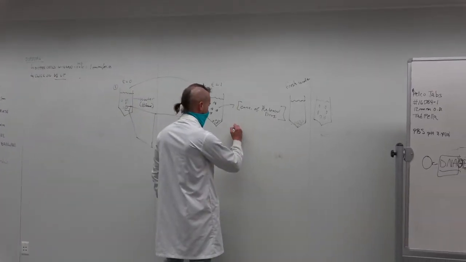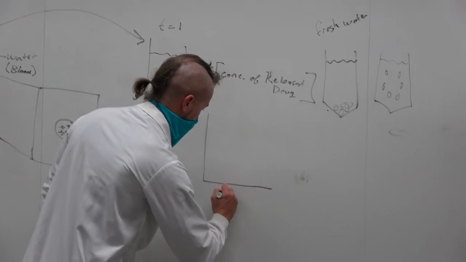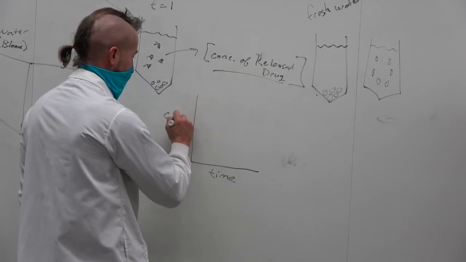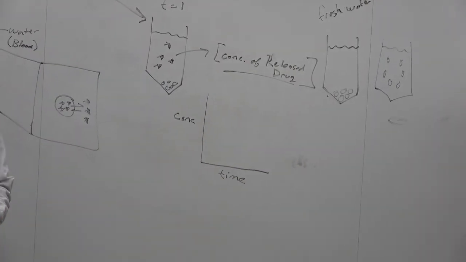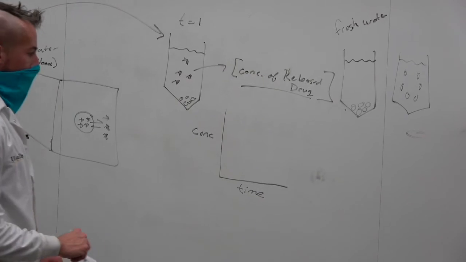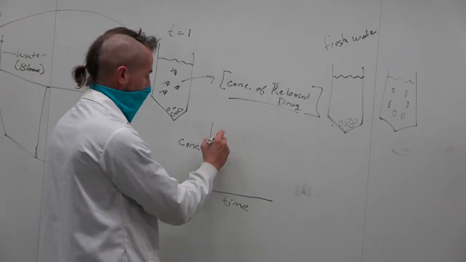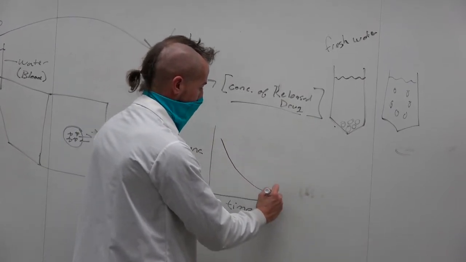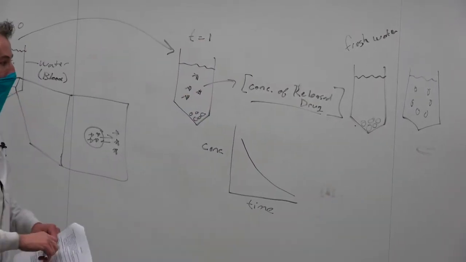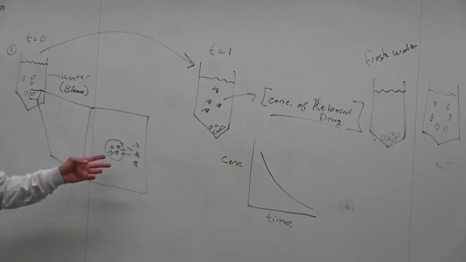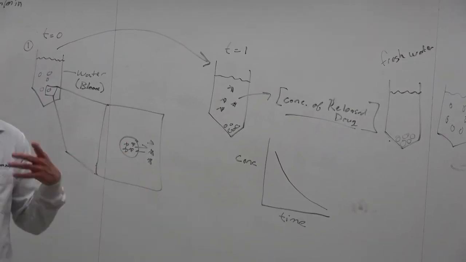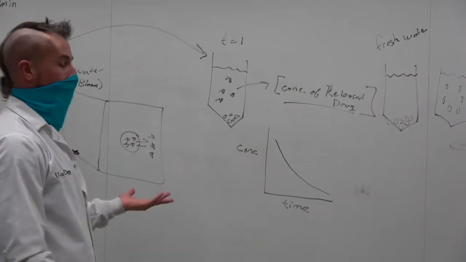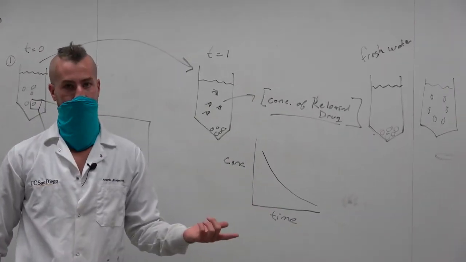So if we plot these measurements of concentration over time, what we generally see is the highest release is kind of at the beginning, and then it slowly tapers off. And this kind of makes sense, right? That as more and more of the cargo diffuses out of the particle, there's less and less that can diffuse with each subsequent time.